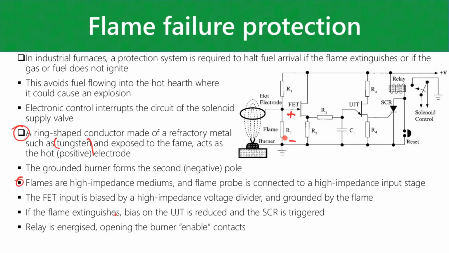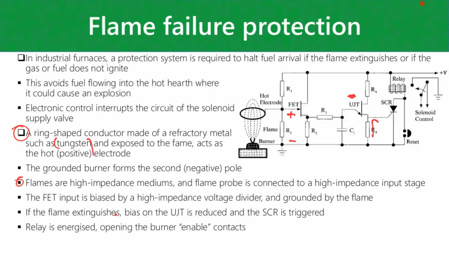So you're going to have a really high voltage across that point, and your field effect transistor here is then going to be biased by that high impedance voltage divider that we have here, that is then grounded by the flame. And if the flame goes out, for instance, the bias on your UJT here is reduced, and that SCR is then triggered on.